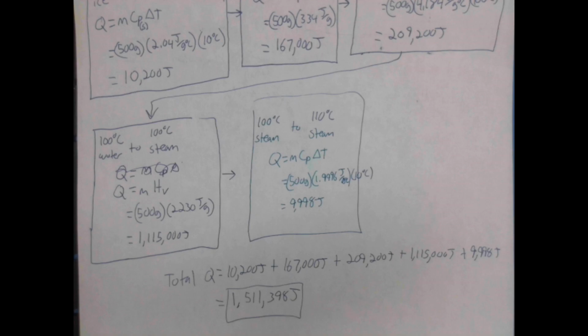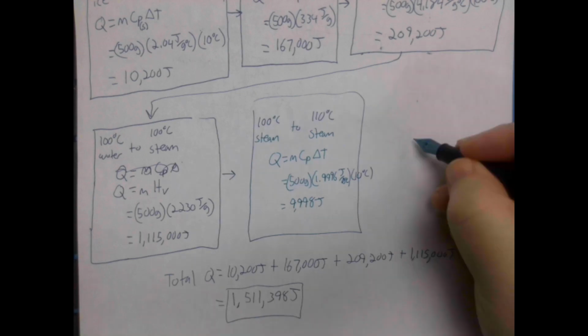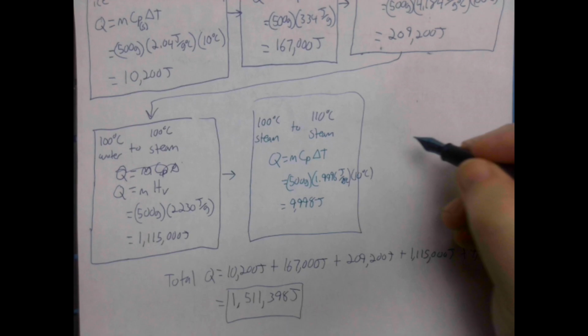So if you're going from solid to liquid to gas, this phase for water is going to be the most energy intensive. That is because you're breaking all the bonds. You have to give it enough energy to overcome all the molecular bonds that are holding the water together.